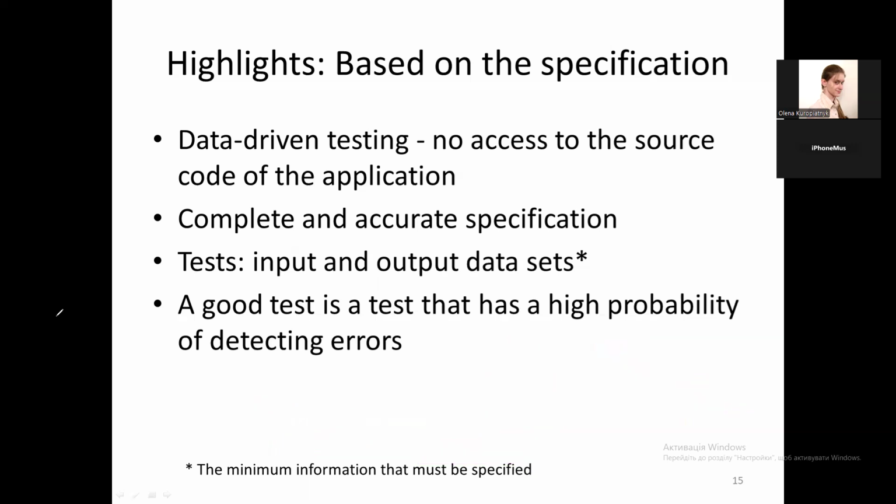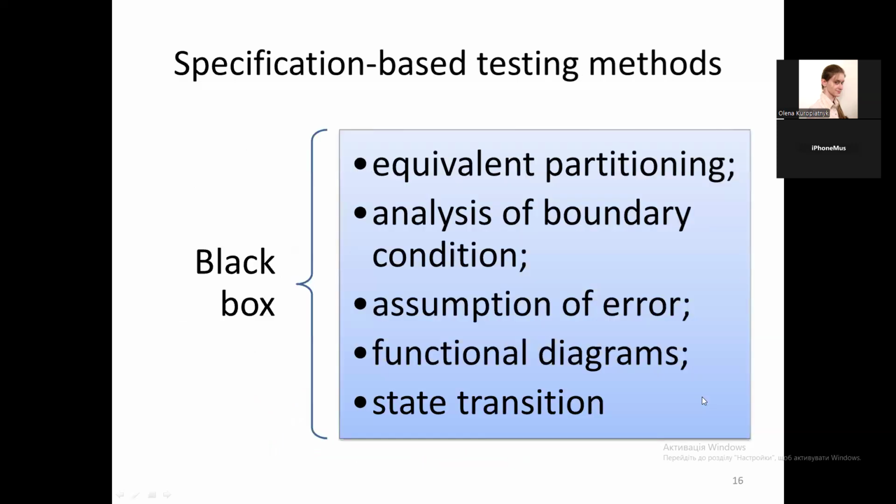Let's go to some methods based on specification. When we speak about methods for testing an application based on specification, there is the black box method or black box approach for testing.